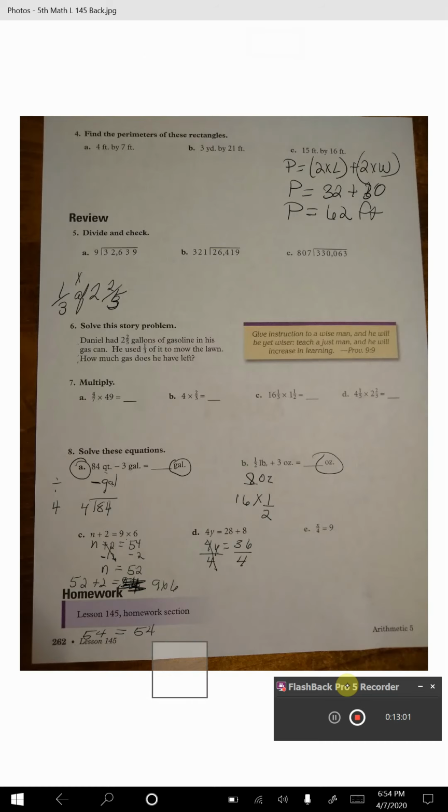This one is gone, so I'm left with y equals 36 divided by 4 is 9. Now let's put it in there. 4 in parentheses times 9 equals 28 plus 8. 36 equals 36. Remember, that's what I want to see. Not that you can do it in your head. I know you can do it in your head.